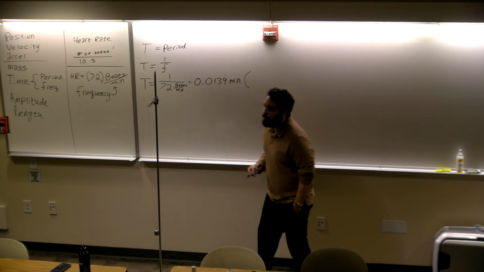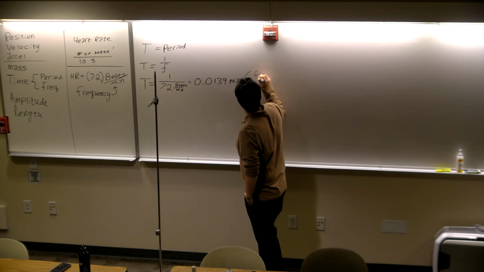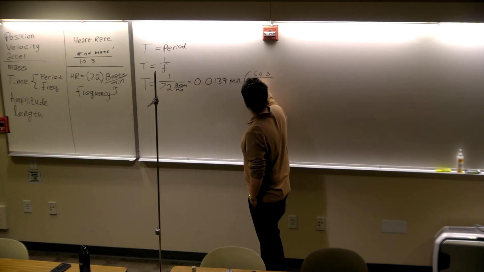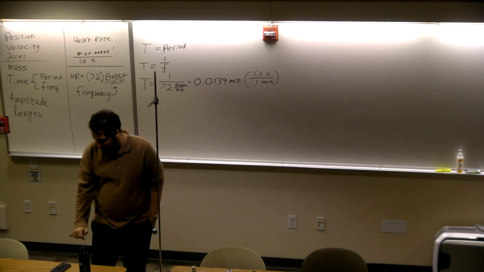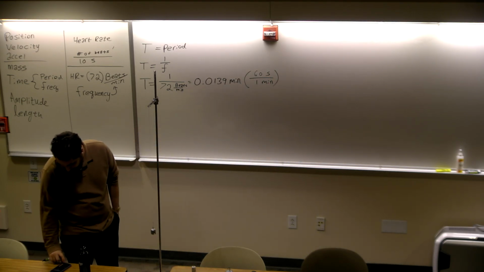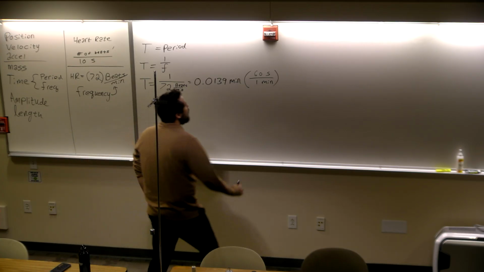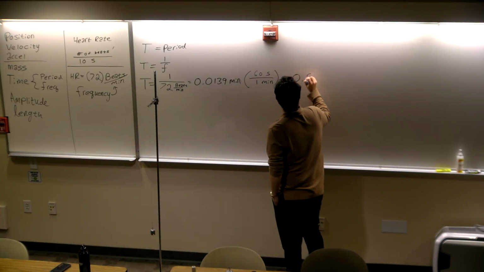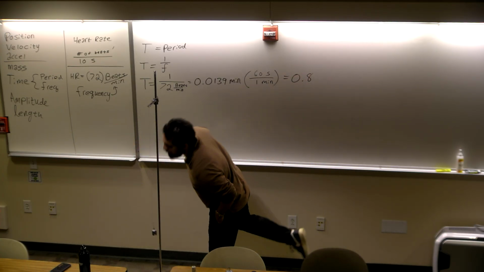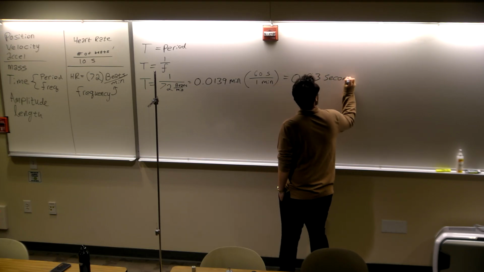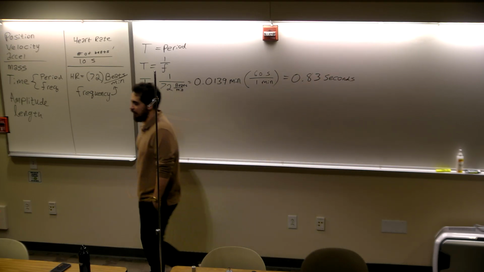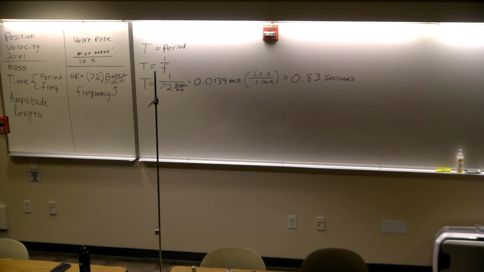In order to convert this to seconds, we say there are 60 seconds in 1 minute. So we take this 0.0139, multiply it by 60, and you can find a period of 0.83 seconds between beats. A little bit less than a second between each beat.